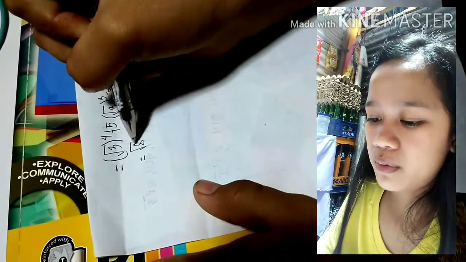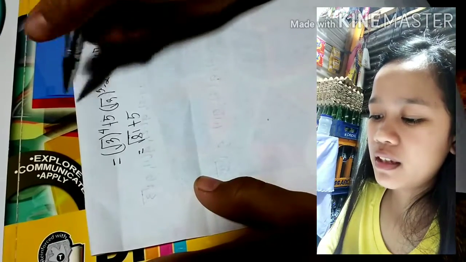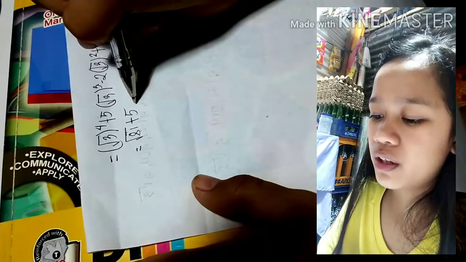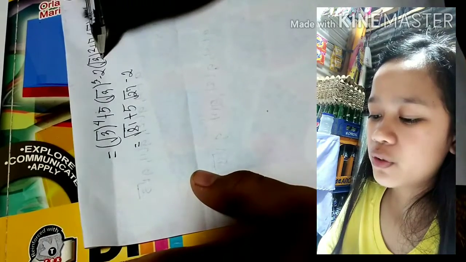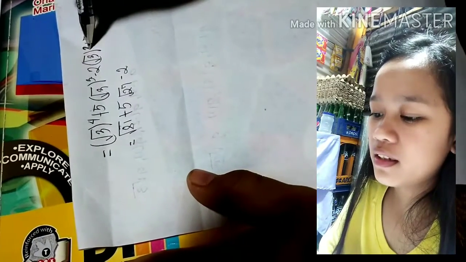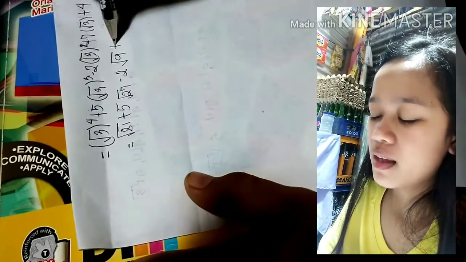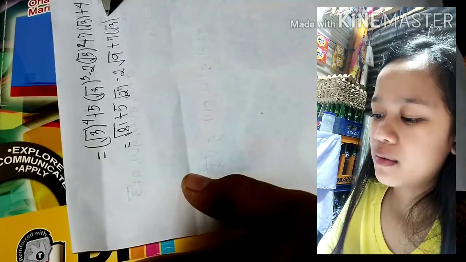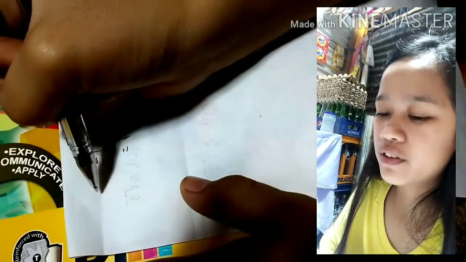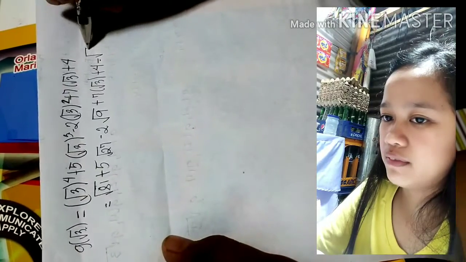So square root of 81 plus 5 square root of 3 quantity cubed equals square root of 27 minus 2 square root of 3 quantity squared equals square root of 9 plus 7 square root of 3 plus 4, and then we will transpose the square root of 3 into here and change the sign into negative.